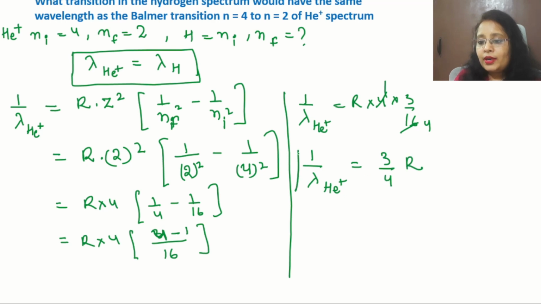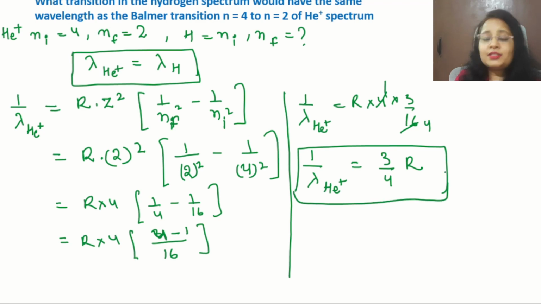Now we have the value of 1 upon lambda He+. From this we will proceed to find the hydrogen n initial and n final. Again we will put the same formula.